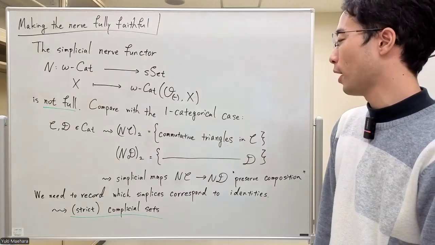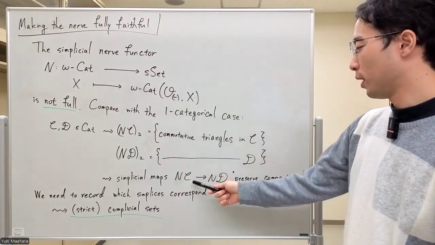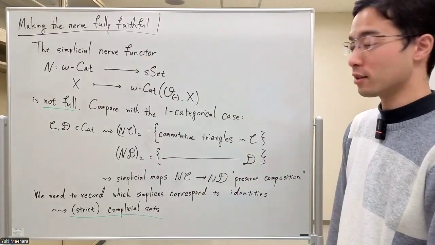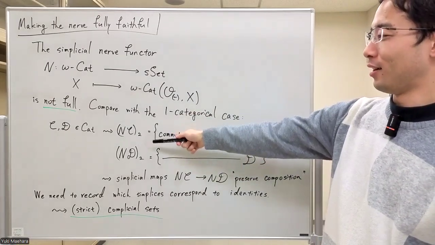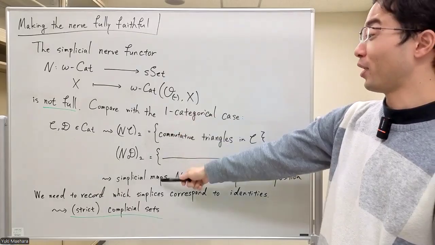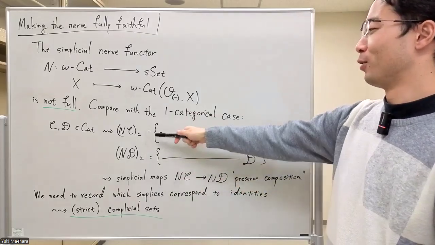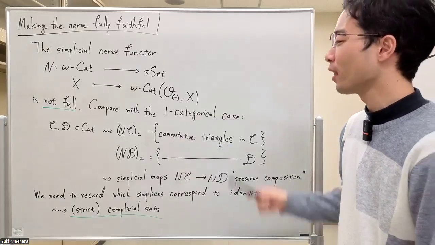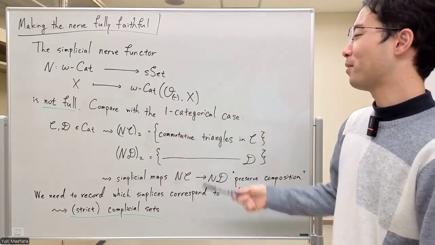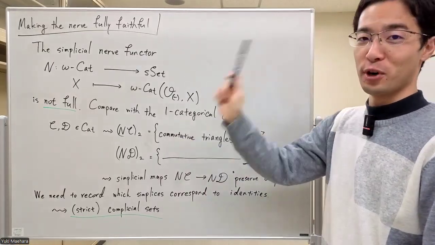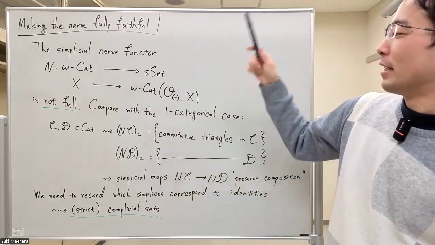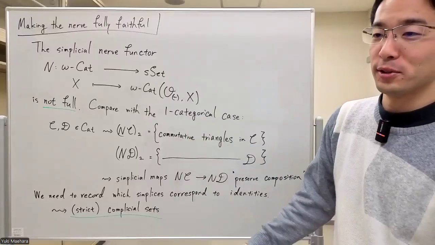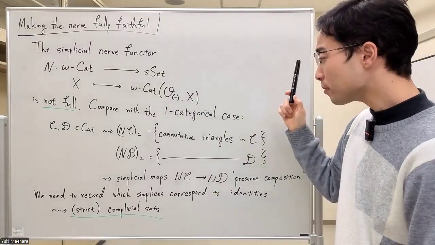So if you take a random simplicial map between the nerves of omega categories, because you have the second component of the simplicial map sending 2-simplices to 2-simplices, you get a map that sends triangles in C to triangles in D, but it doesn't necessarily send commutative triangles to commutative triangles.